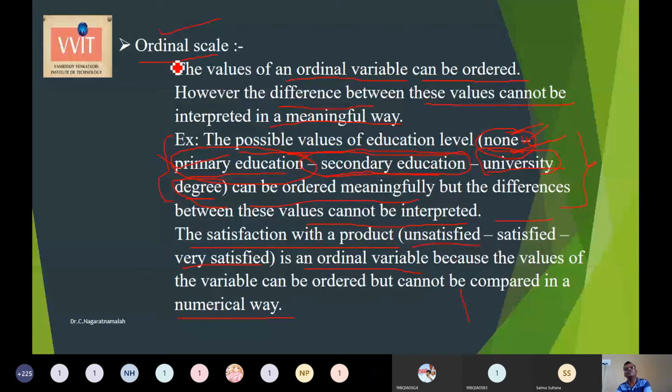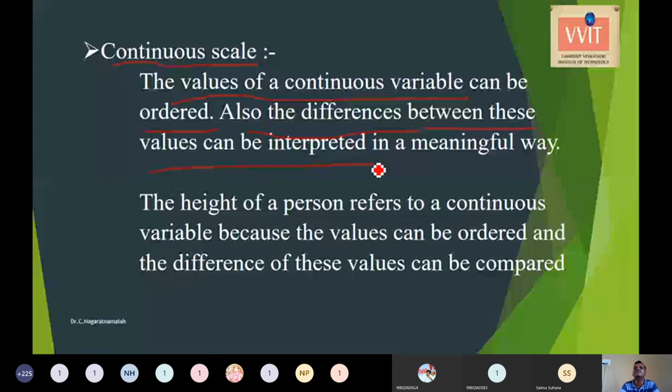Then again we move into the continuous scale. The values of a continuous variable can be ordered. This is also very important. Also, the differences between these values can be interpreted in a meaningful way.